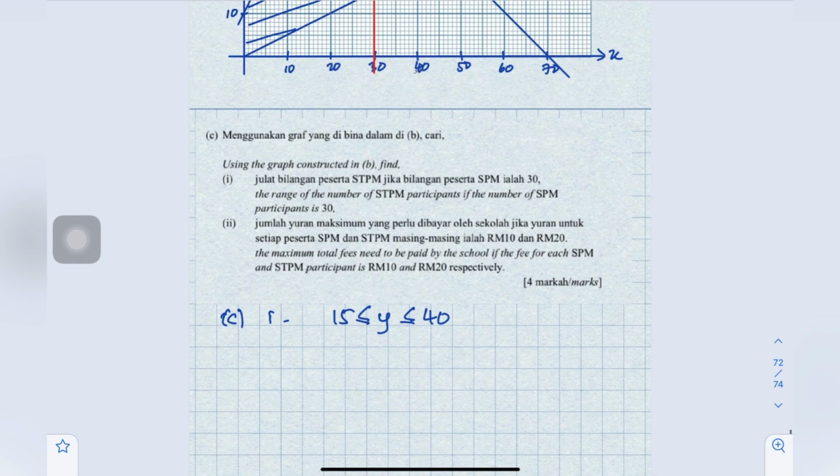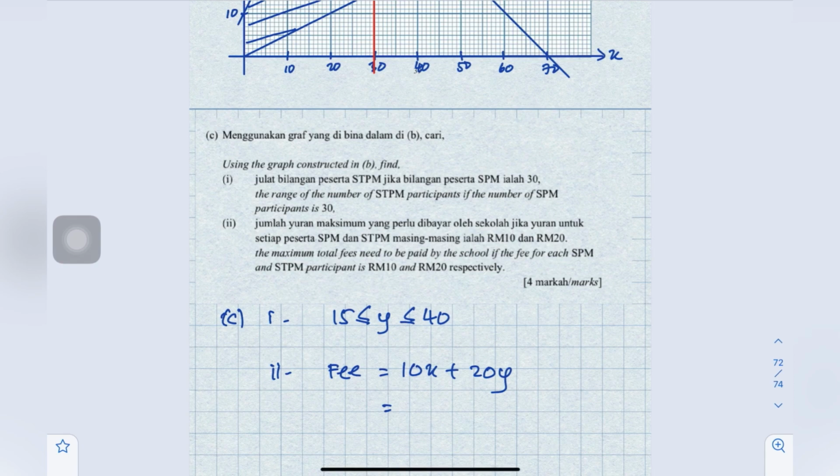Okay, for the second question, find the maximum total fees to be paid by the school if the fee for each SPM and STPM participant is RM10 and RM20 respectively. So it asks us to find the maximum fee: 10x plus 20y.